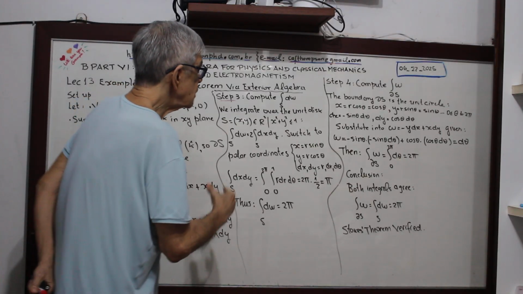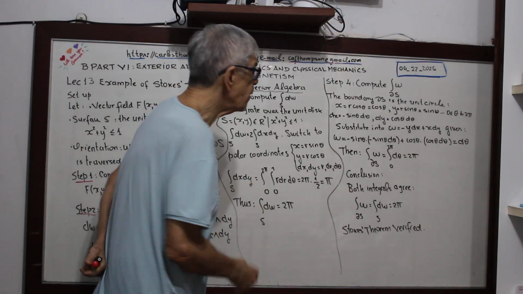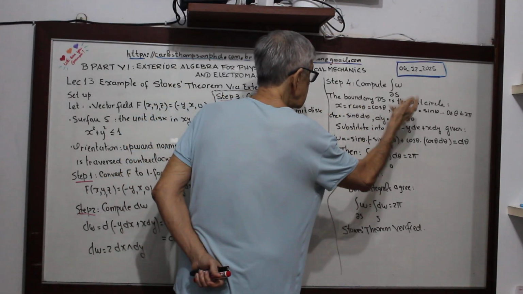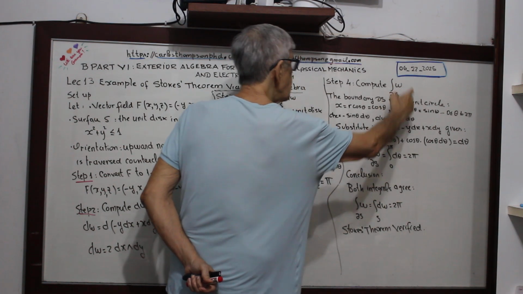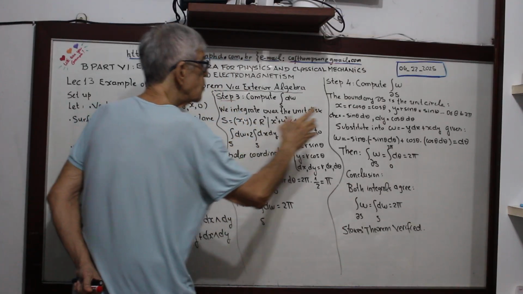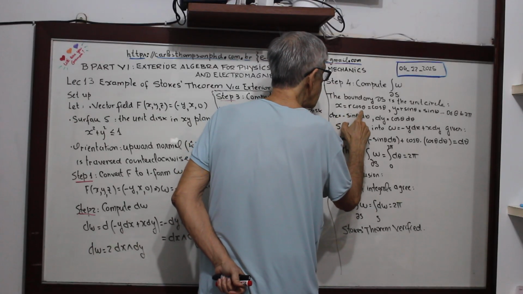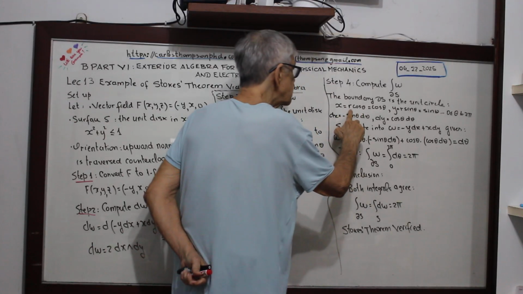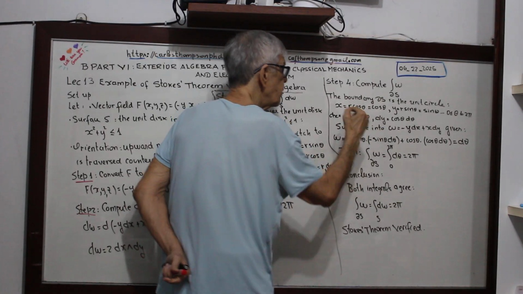Now, step 4, just to verify the Stokes Theorem. Let's develop the integral over the boundary of S of omega. You just substitute omega right here. The attention now: x is r cosine theta, but the disk has unit radius, so this is cosine theta.